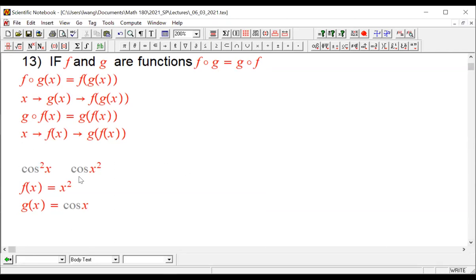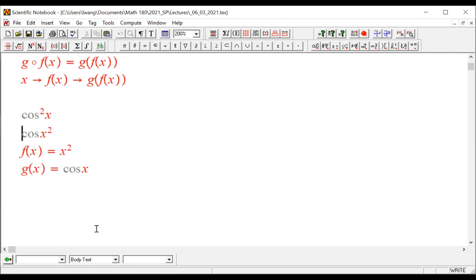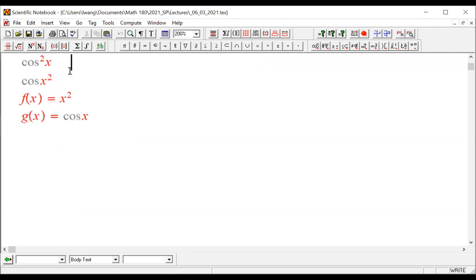So in these circumstances, how is cosine square x made? Let's take this opportunity to review. How are these two composed given f and g here? Is it f composite g?